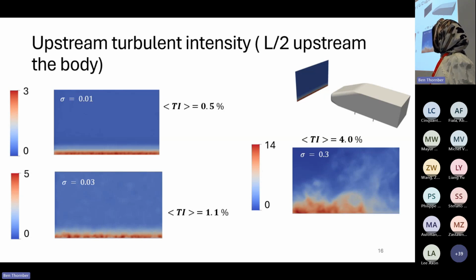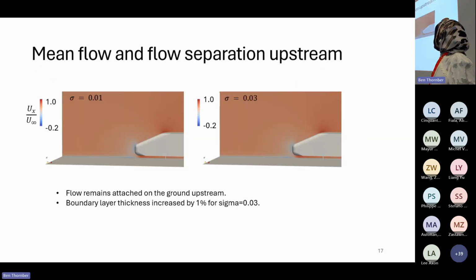And then the area average turbulent intensity for each case is going between 0.5 and 4. And yeah, as expected, we got high length scale around the ground boundary layer and less everywhere else.